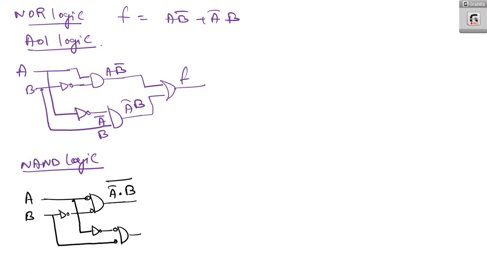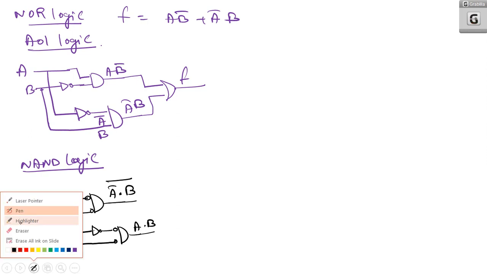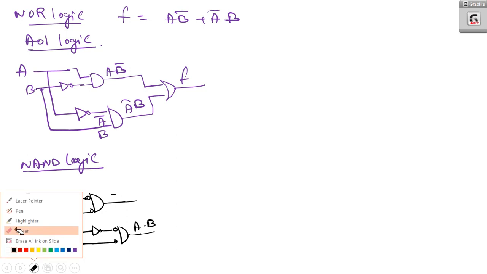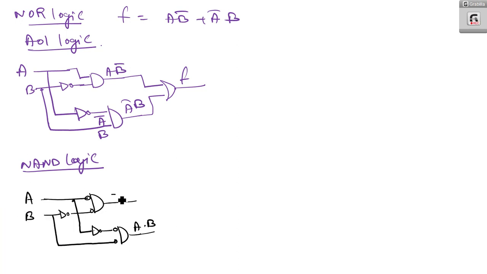This is again A dot B. So here we get A bar dot B. Here we get A dot B bar.